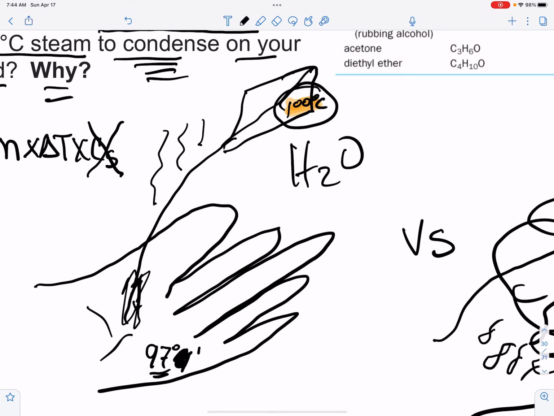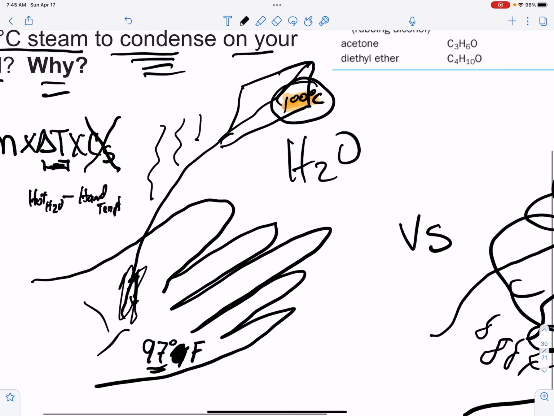Actually, that would be Fahrenheit, right? So a lot less than 100 degrees Celsius. So there's going to be a change in temperature. It's going to go from the hot water temperature to your hand temperature.